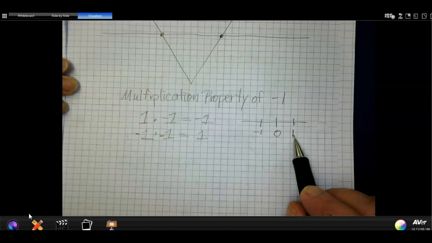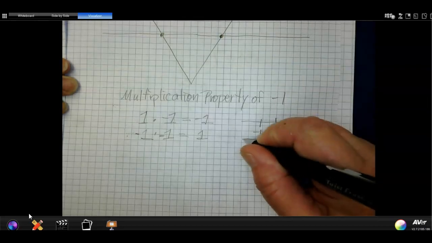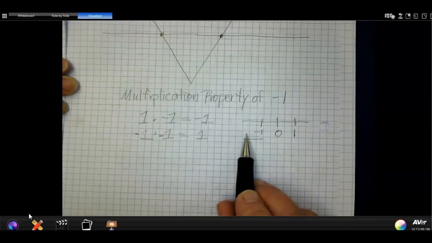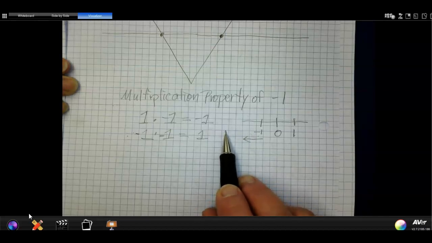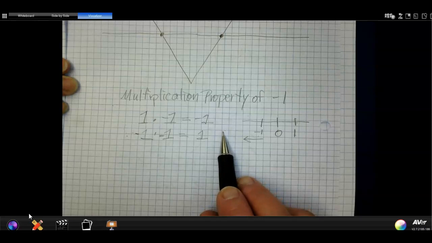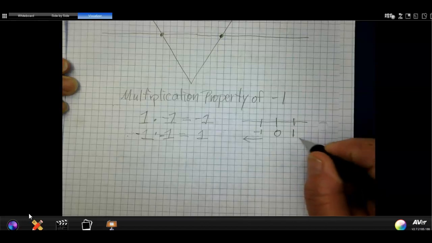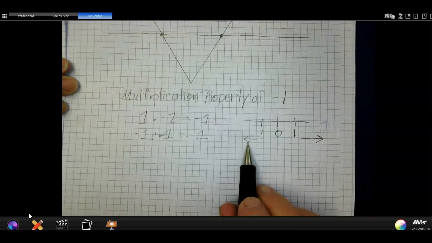So what this means is that the larger the magnitude of a negative number, the smaller that number is actually getting. And the larger the magnitude on this side, the larger the number is getting. But it doesn't work that way on the opposite side of the number line.